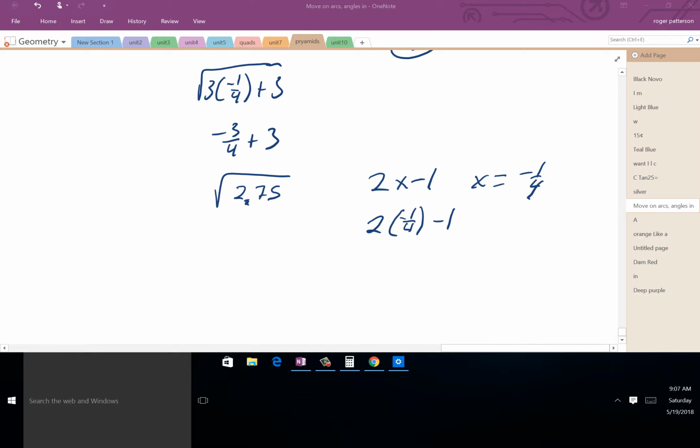That's going to be negative 1.5. But see, this is going to be a negative number, and we cannot get a negative number out of that, so that 1/4 is no good.